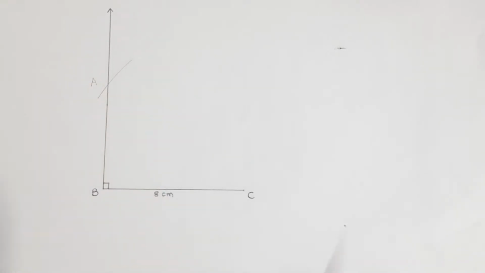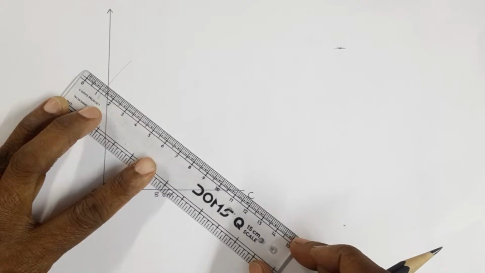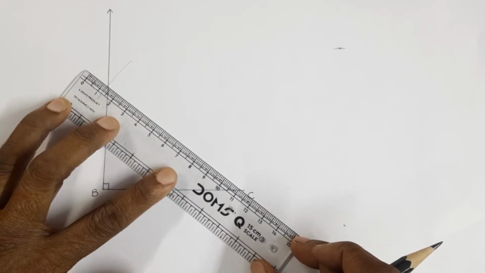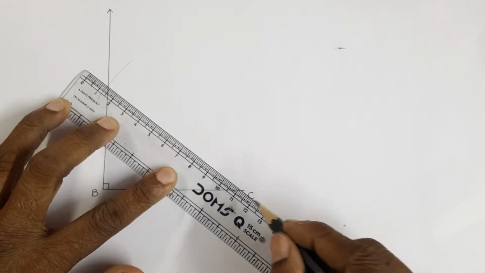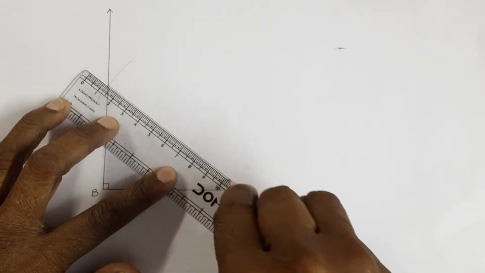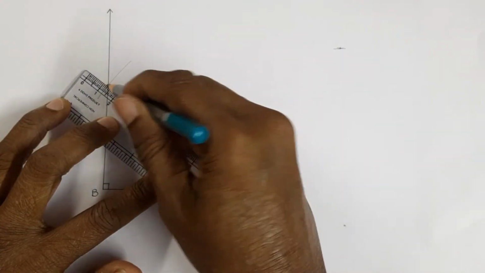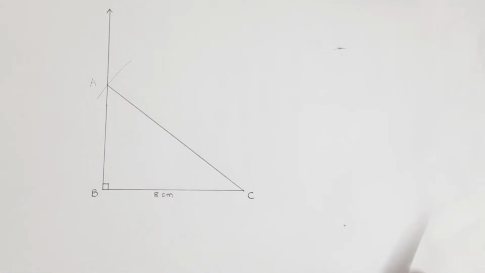This intersecting point is nothing but the A students, and then here I join AC. Okay students, so this is the triangle ABC.